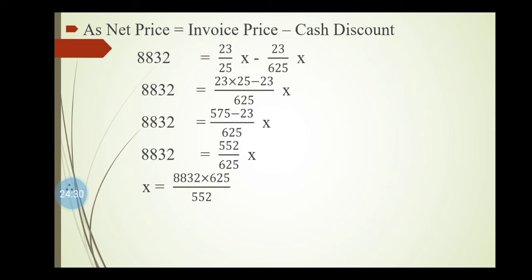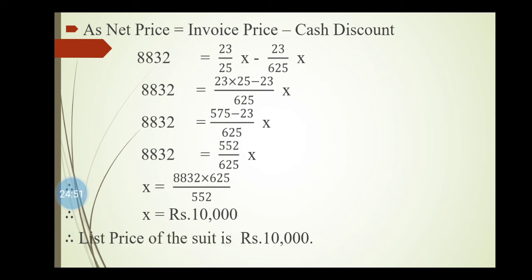So it becomes 625 upon 552 multiplied by 8,832. So X will be 10,000. X is the mark price, so the mark price is 10,000. Mark price or list price, both are the same.